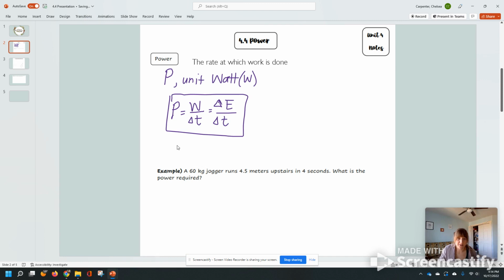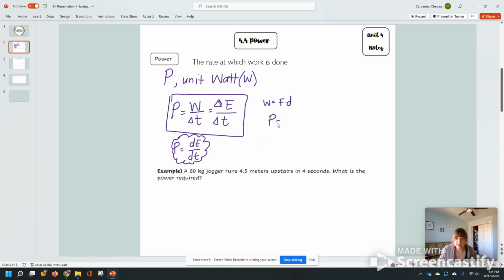All right, for you calculus people, power is the derivative of energy with respect to time, if you guys like little calculus connections. There is another equation for power. So if you remember the equation for work, work is just a force times a distance, as long as we're not doing something at a weird angle.